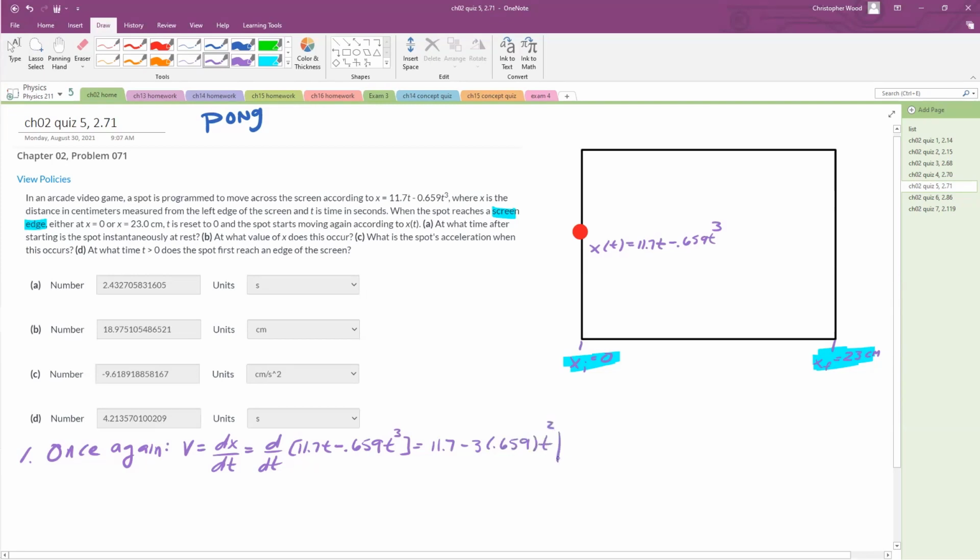Whatever this is, it's my velocity function. So the question is, when does this velocity function equal 0? Because when the spot is at rest, it has 0 velocity.